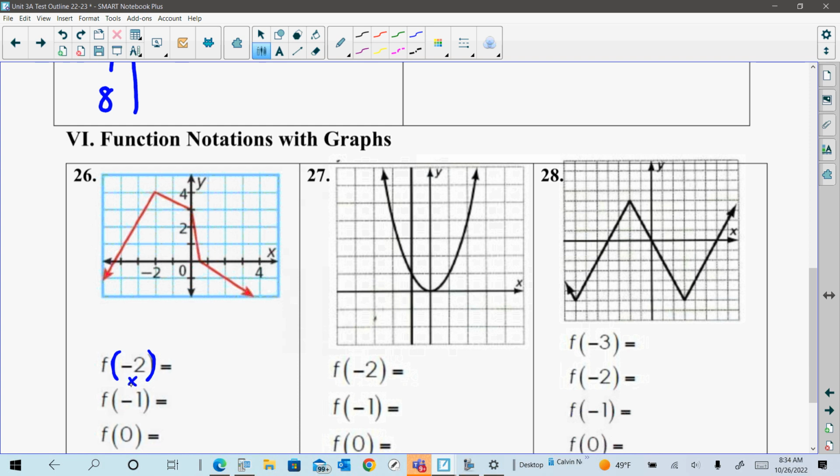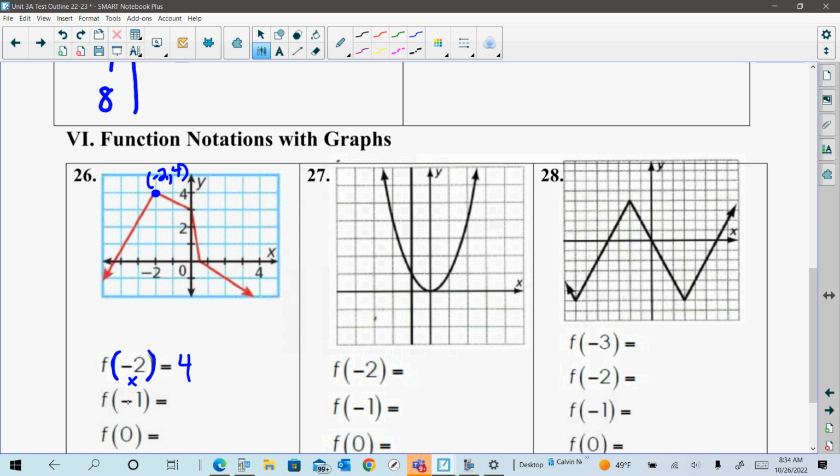So that means we need to go on our x-axis, the horizontal, find this negative 2, and then find the point on the graph. That point right there is negative 2, 4. So the output is the value 4. So if I give you the x, you have to give me the y as an ordered pair.